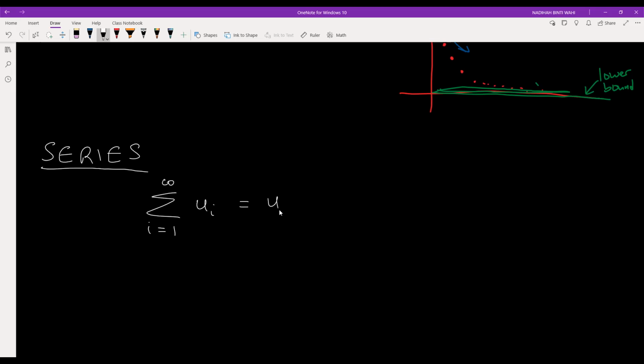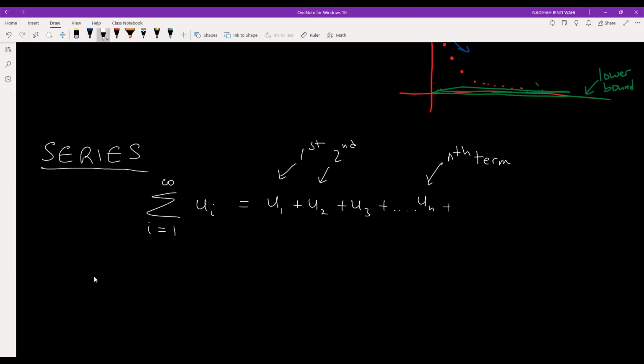It starts from u1 plus u2 plus u3 plus and so on. This is the first term, this is the second term, and if you have something like that, this is the nth term. So you can see the difference between sequence and series.